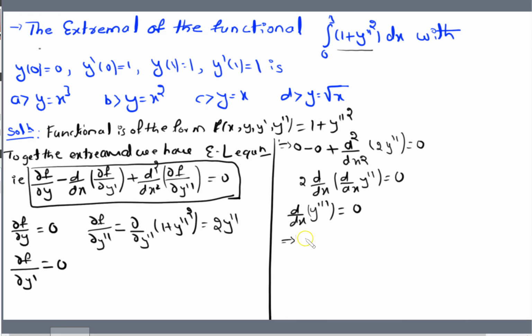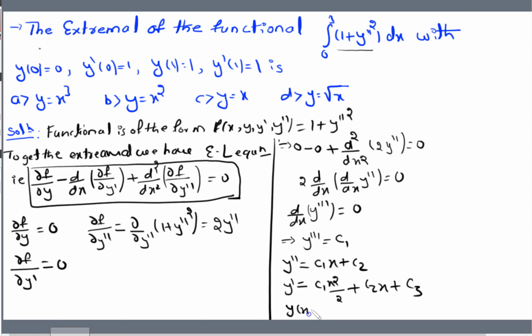Now integrating on both sides, y triple dash is equal to some constant c1. Again integrating on both sides, y double dash is equal to c1 x plus c2. Once again integrating, y dash is equal to c1 x square by 2 plus c2 x plus c3. Once again integrate.